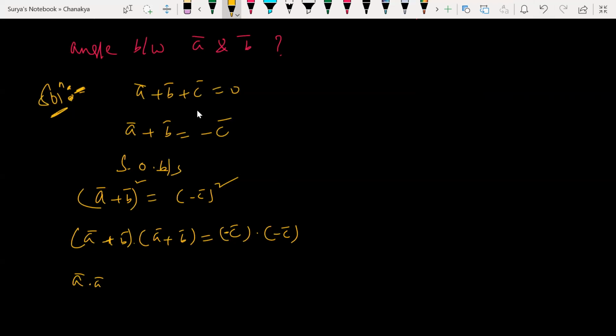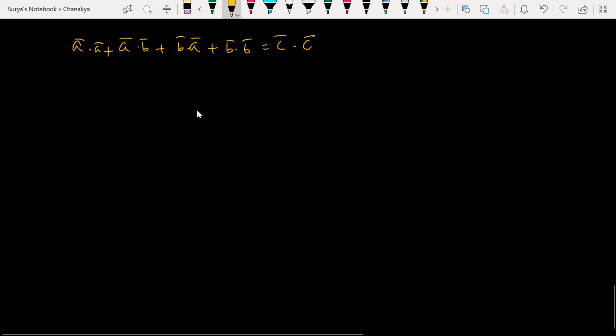A dot A plus A dot B plus B vector dot A vector plus B dot B equals C dot C. A dot A gives you magnitude of A squared. Here A dot B plus B dot A can also be written as A dot B.